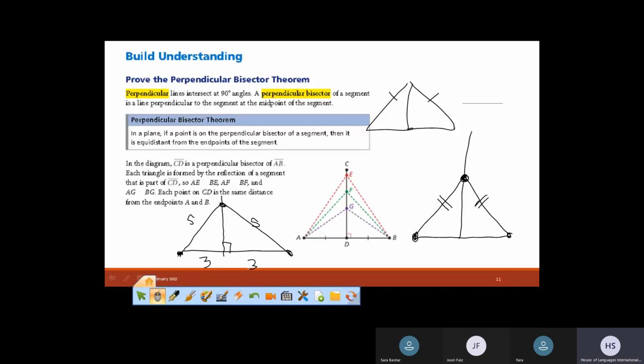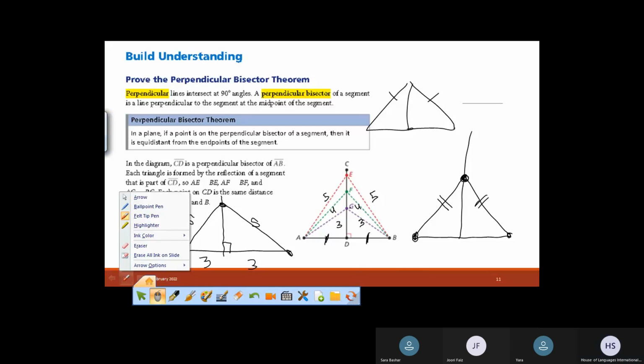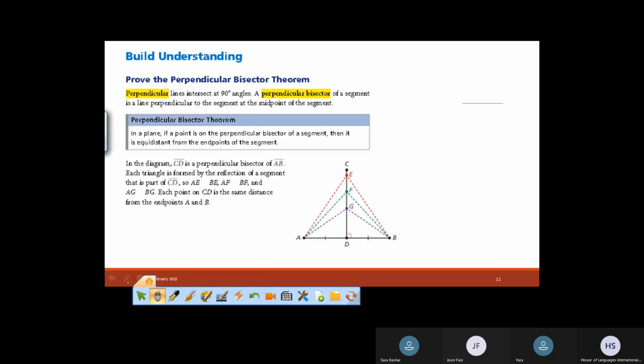If they are bisector, not everywhere, if this and this one have the same distance, when I draw any point like point G and draw two lines to the end points, they must have the same distance. Here, as an example, 4 and 4, or 5 and 5. But if it is not a bisector, what do I mean? If you have them like this, it's perpendicular, but is it a bisector?